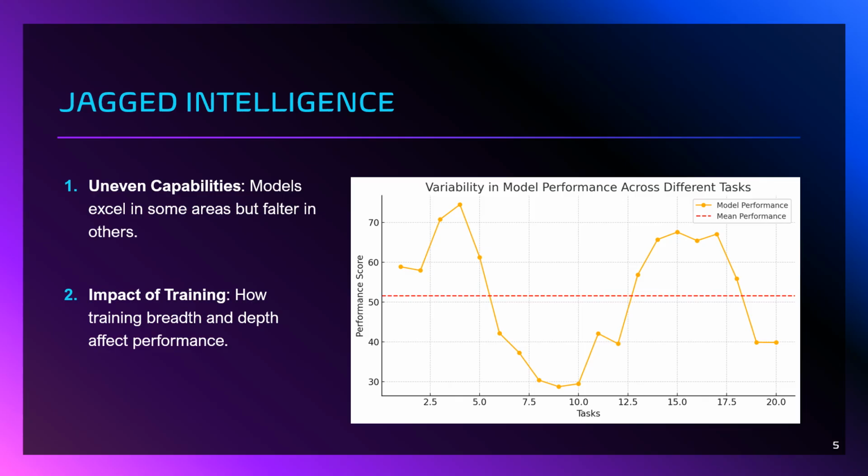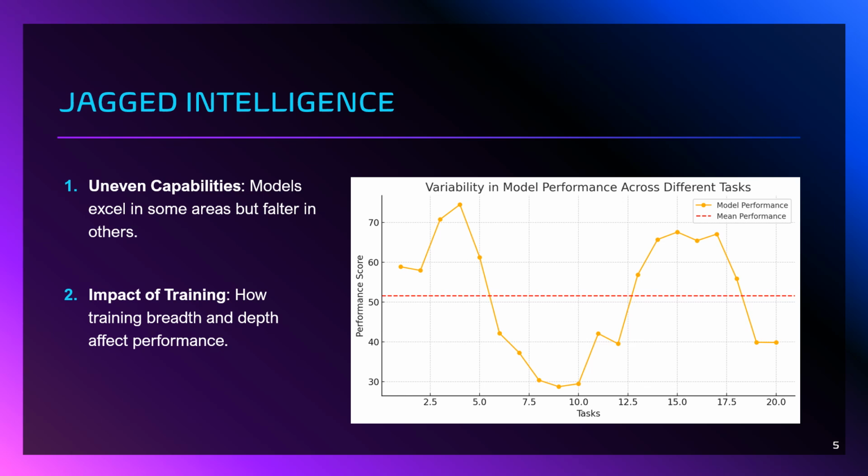So, jagged intelligence. Here we have uneven capabilities. Models excel in some areas but falter in others. It shows how training, breadth and depth affect performance.